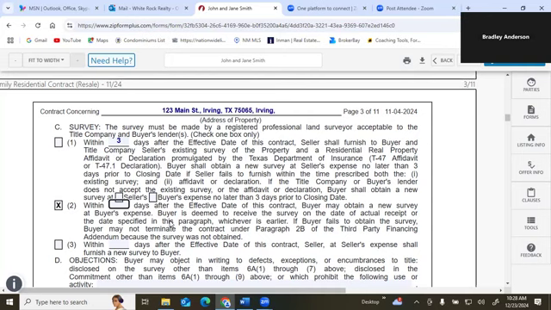Buyer is deemed to receive the survey on the date of actual receipt or the date specified in this paragraph, whichever is earlier. If buyer fails to obtain the survey, buyer may not terminate the contract under paragraph 2B of the third-party financing addendum because the survey was not obtained.